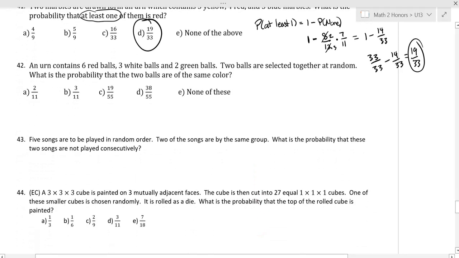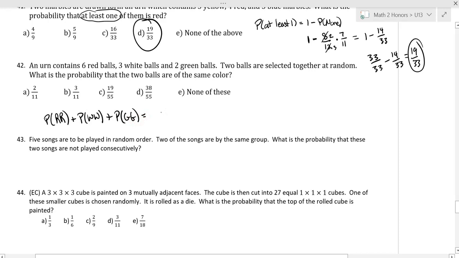All right, 42. An urn contains 6 red, 3 white, 2 green. 2 balls are selected together at random. What's the probability that the 2 are the same color? So we want the probability that we get 2 red, or the probability that we get 2 white, or the probability that we get 2 green.